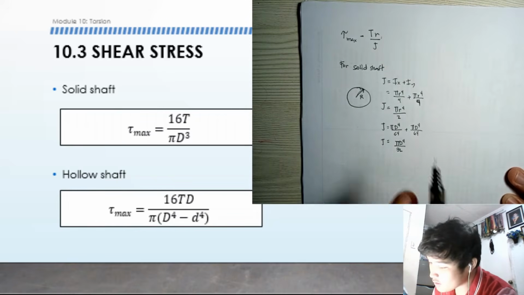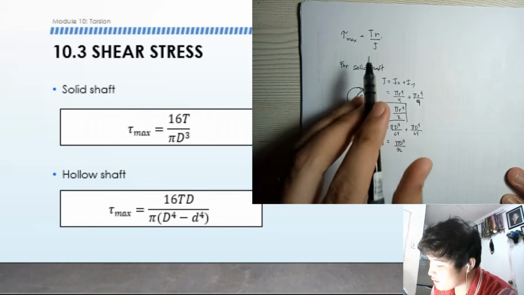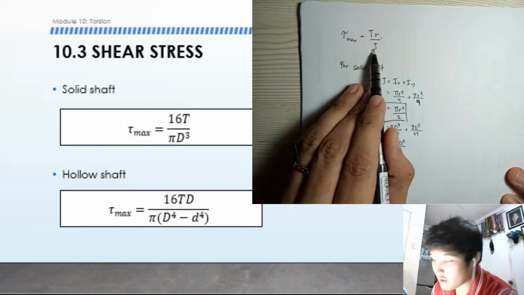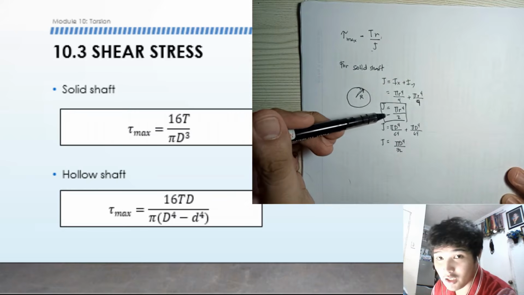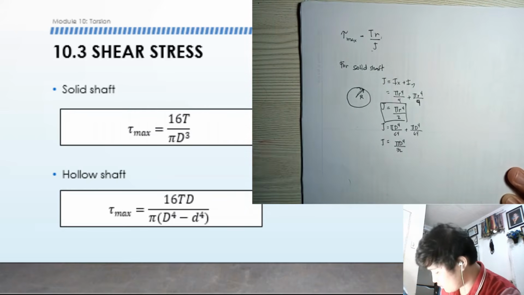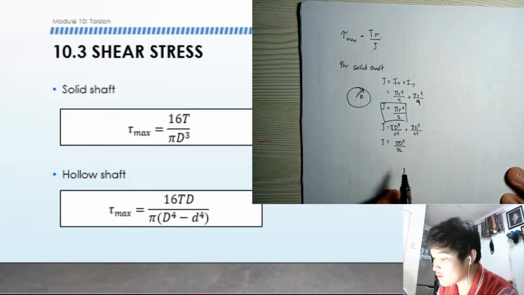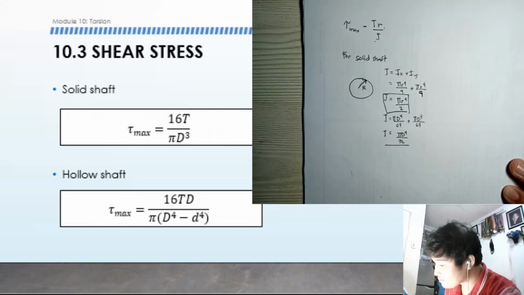So, pag ako ang nagsasolve class, ito yung ginagamit ko. Bakit? Kasi, yung formula ng tau is TR over J. So, naka-in-terms siya ng radius. So, gagawin ko, yung J ko, i-in-terms ko na lang din siya ng radius. Okay? Pero for the sake ng derivation ng formula na nape-present dyan sa inyo ngayon na naka-in-terms ng diameter, gamitin natin is eto. Okay?